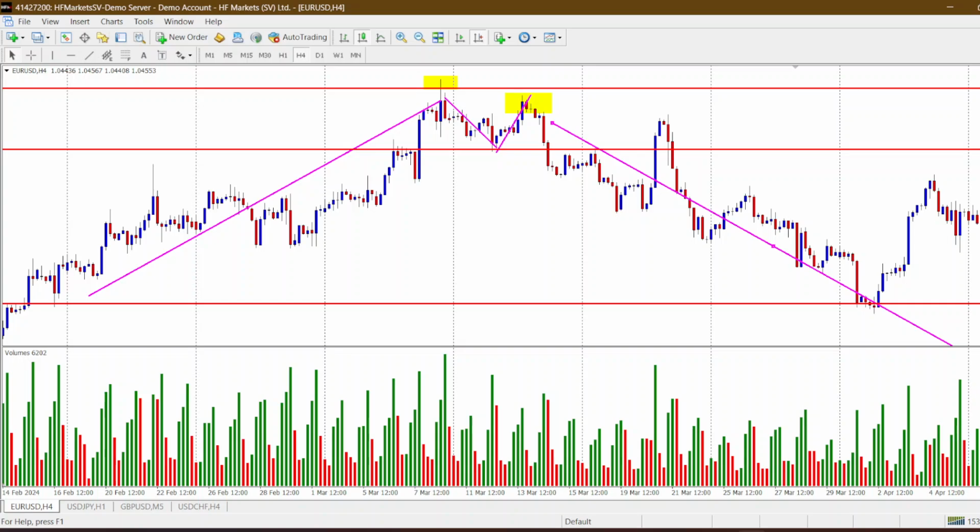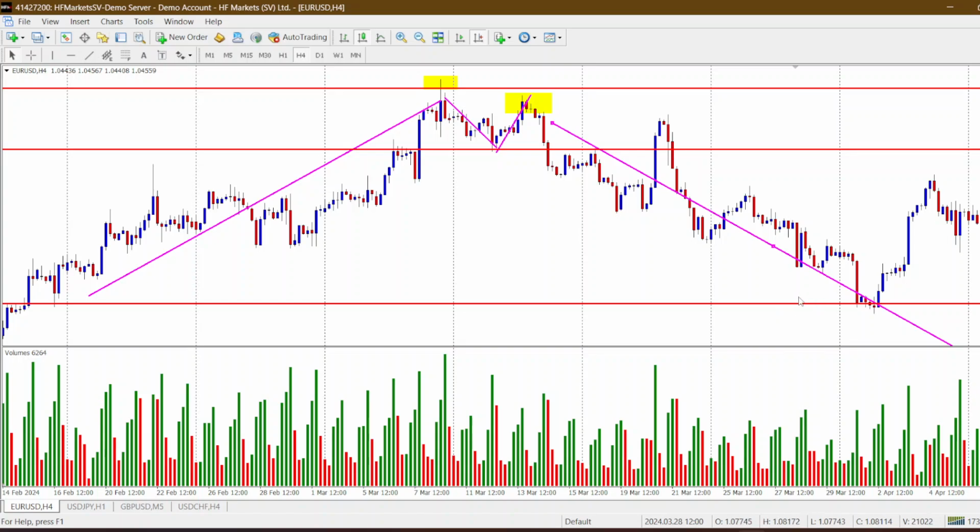All right, also remember that patience is key. So don't rush to trade just because you see the pattern forming. Okay, instead wait for confirmation and make sure you are seeing the price break in the direction you expect before you take action.